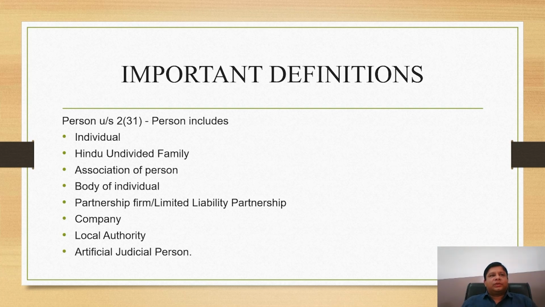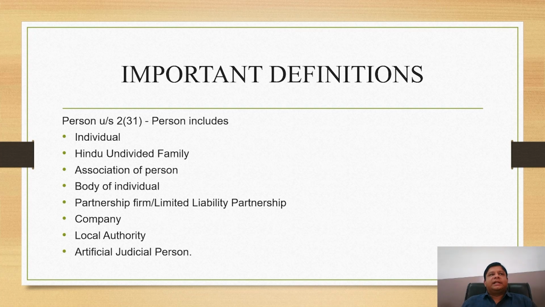The term person includes the following: an individual, a company, HUF or Hindu undivided family, a firm, association of persons, body of individuals, local authority, and every artificial juridical person not falling within any of the preceding categories.